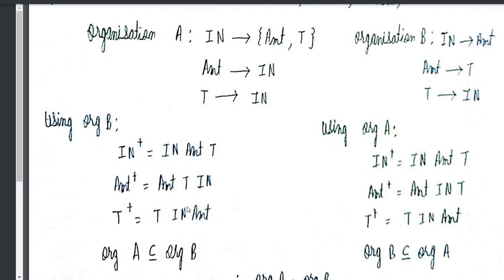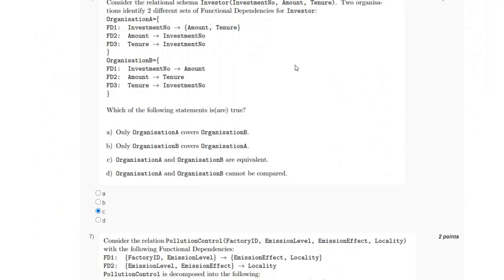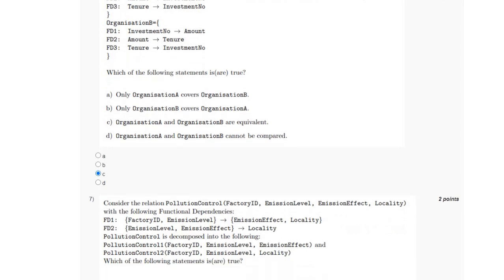We have done the rest of the closures similarly, and what we see here is that organization A is a subset of organization B, and similarly organization B is a subset of organization A. Therefore organization A is equivalent to organization B. So for question 6, C is the answer.